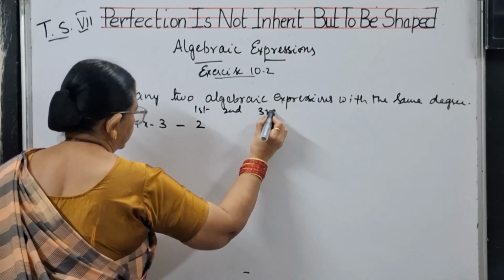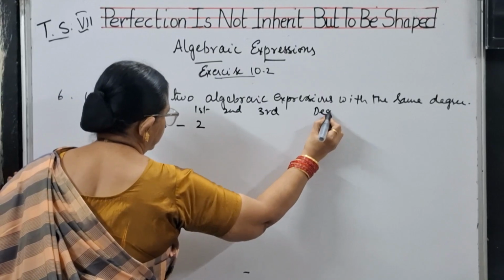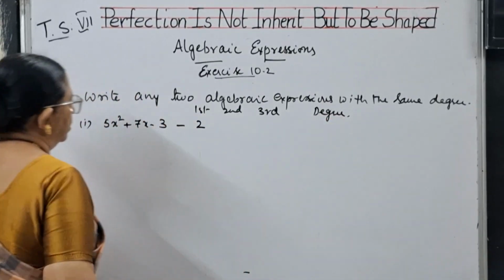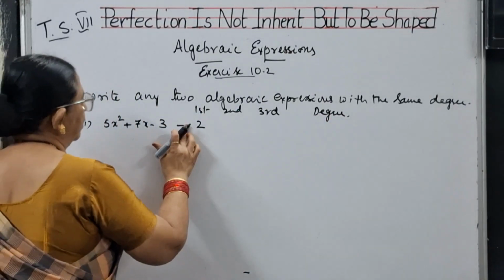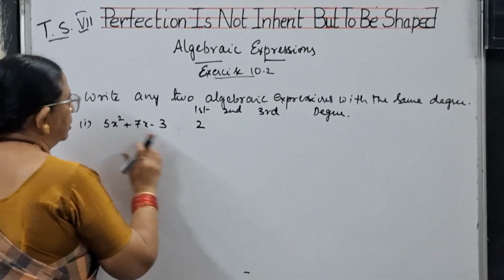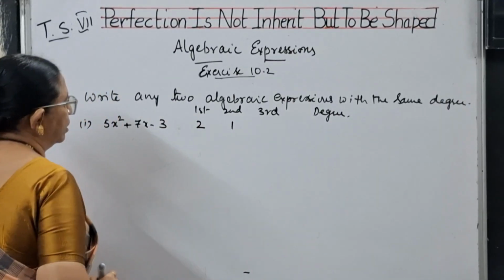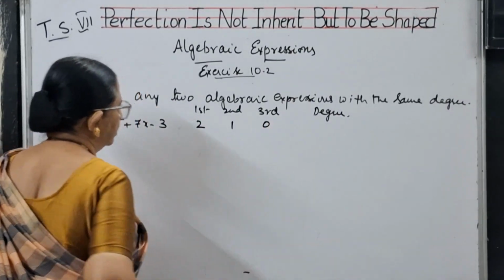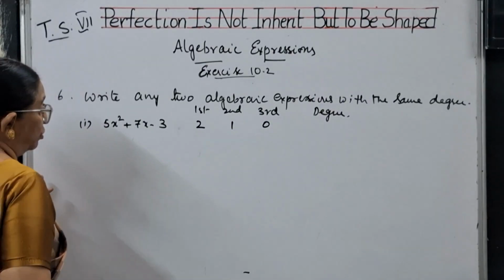See, what is the first term having? First term is having degree 2, second term is having degree 1, third term is having degree 0.